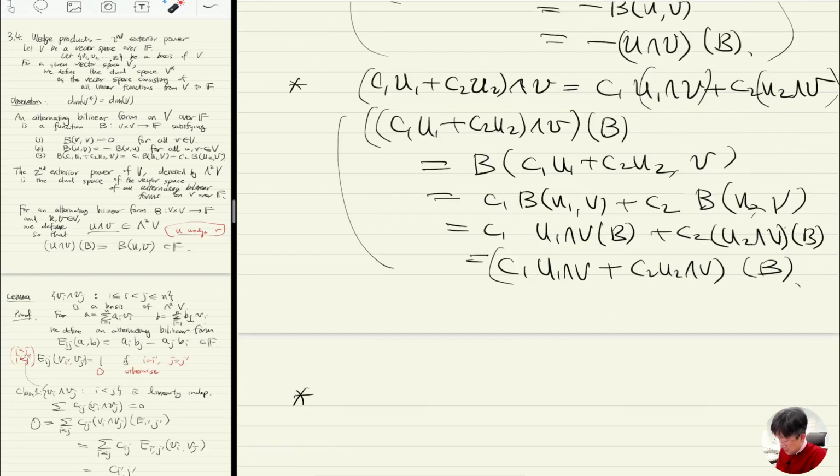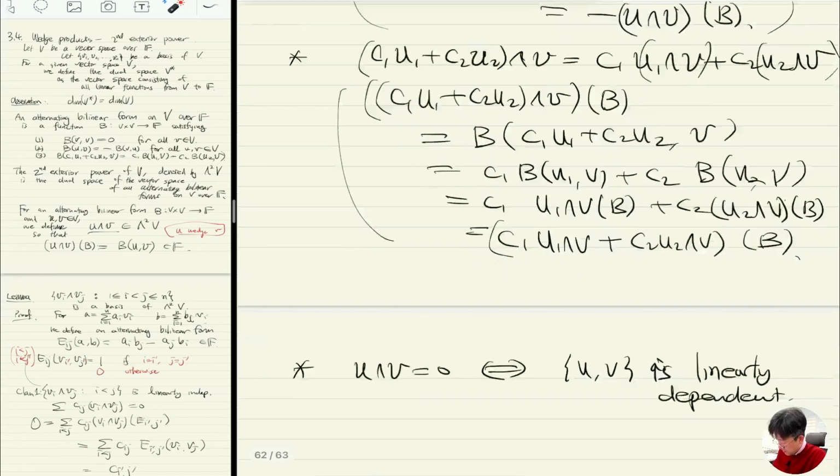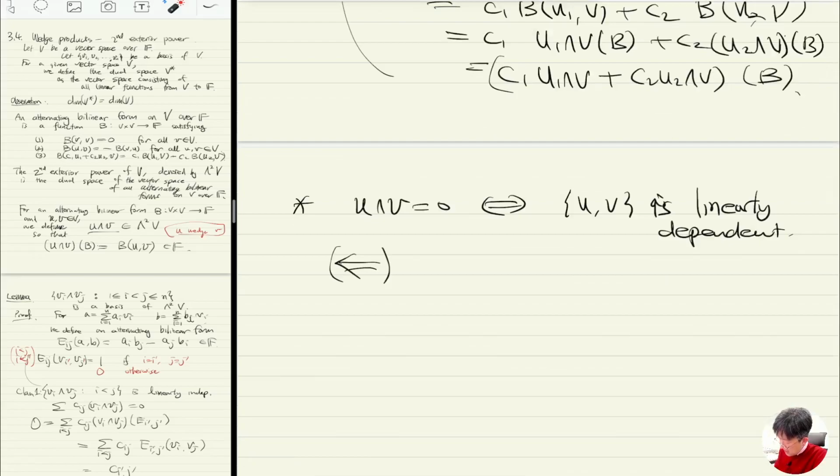And the last property: u wedge v is 0 if and only if u, v are linearly dependent, right? So for instance, in this direction, if they are dependent, then u is k times v, so then it's easy. What about the forward direction?